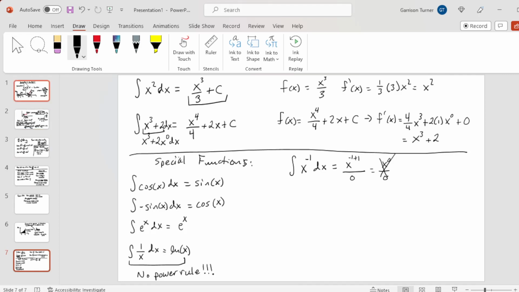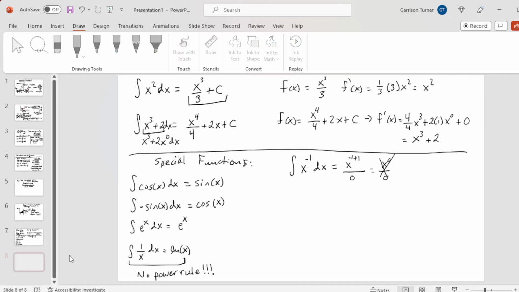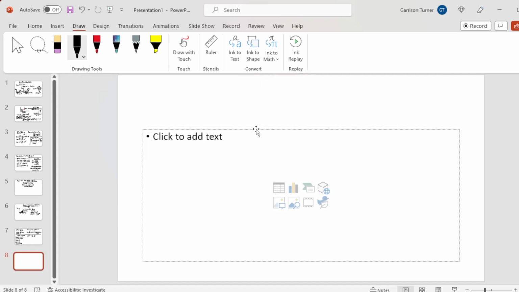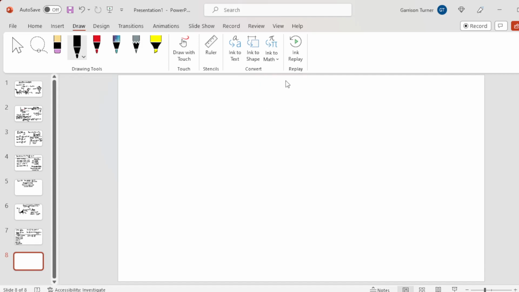All right. So the last thing is to talk about definite integration. Definite integration says, what if I take the integral of a function?